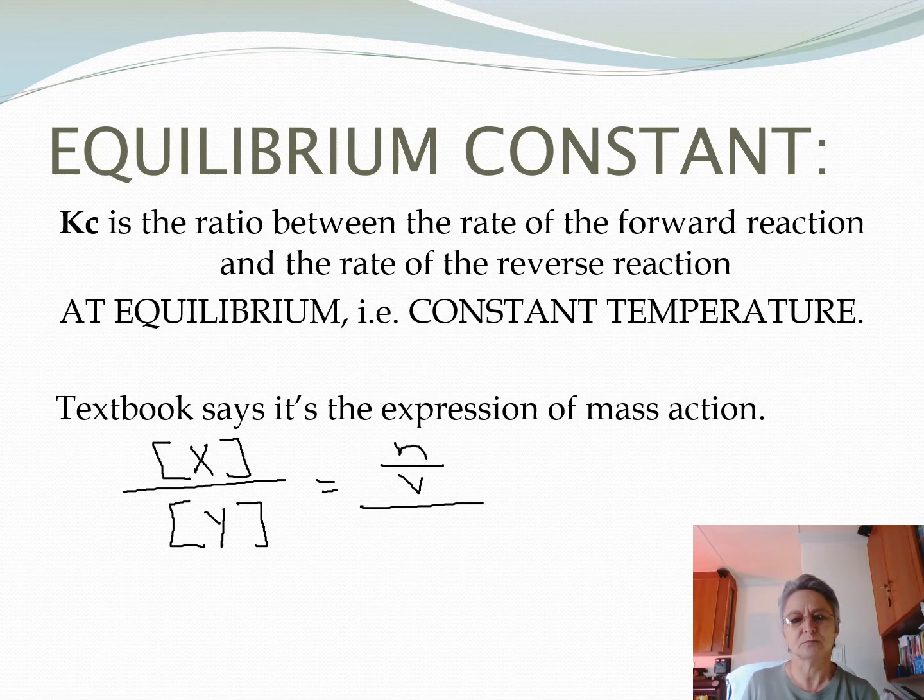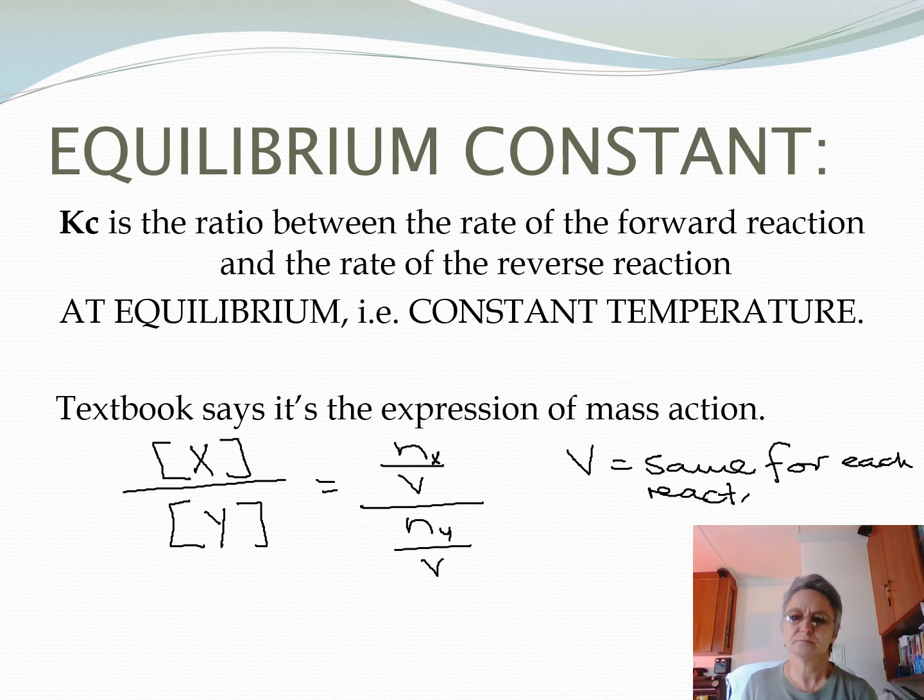So it's moles of X divided by V over moles of Y divided by V, where your volume is the same for each reactant. So basically it's moles of X over moles of Y.